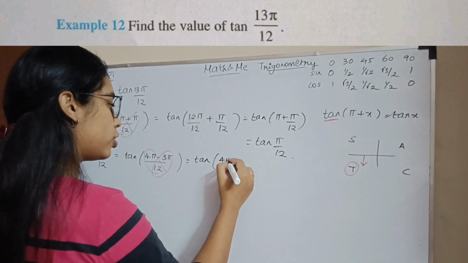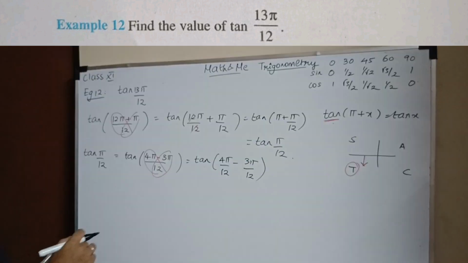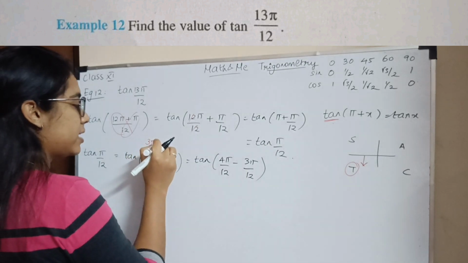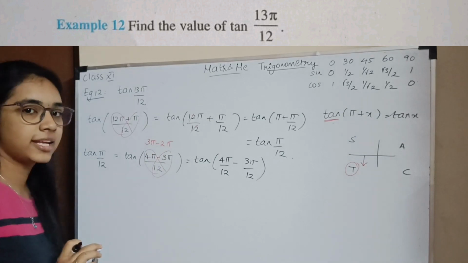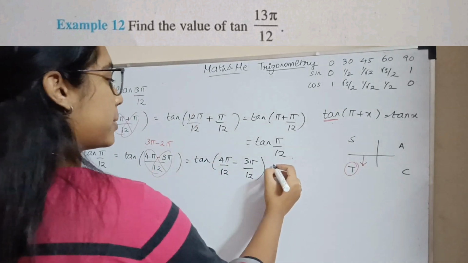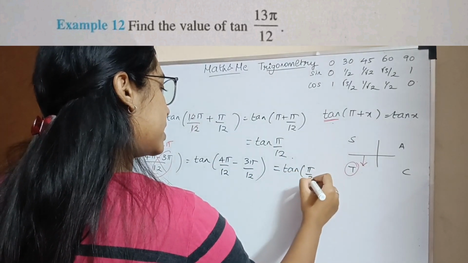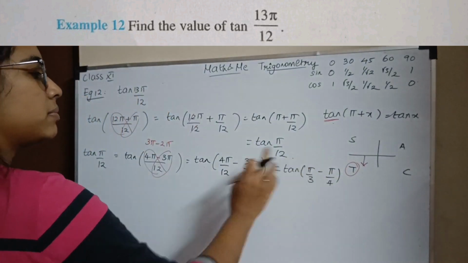I can either do 4 pi minus 3 pi or I can also do 3 pi minus 2 pi. 3 and 12 cancel, 2 and 12 cancel. I have two options. You can choose either of them. 4 pi by 12 minus 3 pi by 12. When 4 and 12 cancel, I have tan of pi by 3 minus pi by 4.